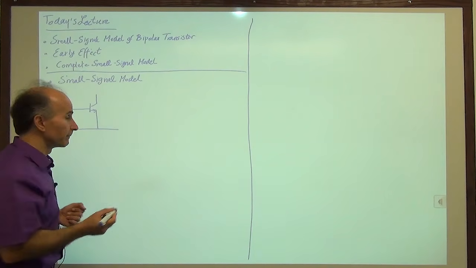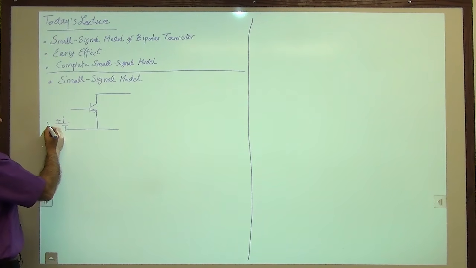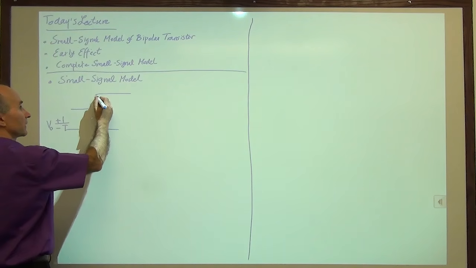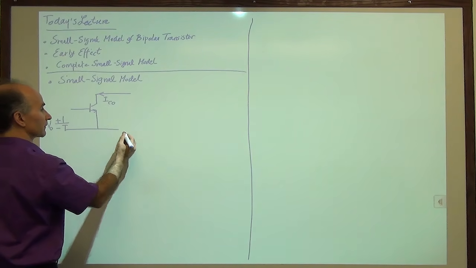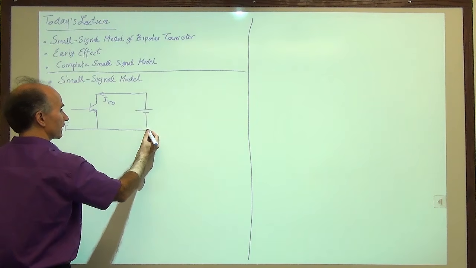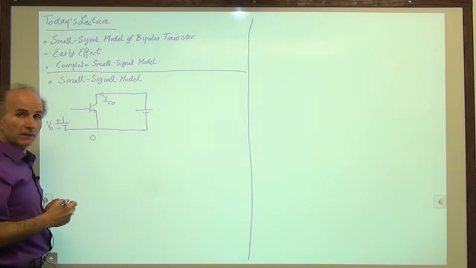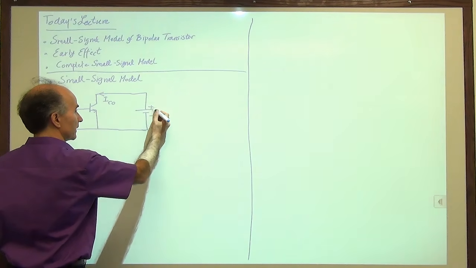Otherwise, we get nothing. So here's a bias voltage. We call this V0. And we have a certain collector current. We call that IC0. And of course, we need another voltage here to make sure that the collector base is, for example, reverse biased. So that's what we call VCE.